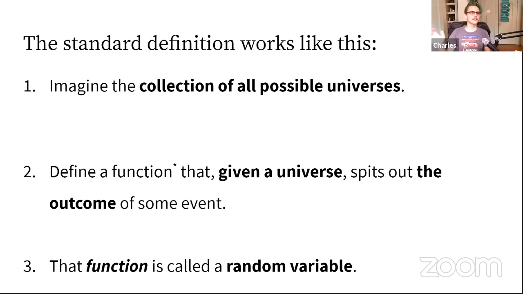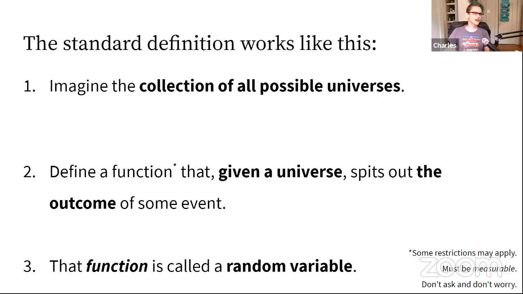So imagine a scientist with a microscope, or a telescope, that can look into alternate universes and say, oh, in this universe, the die came up a 1. In this universe, the number of tweets was 3,000 in the next millisecond. So spitting out the outcome of the event. That function is what we call a random variable.